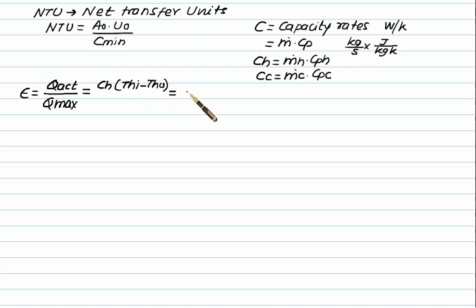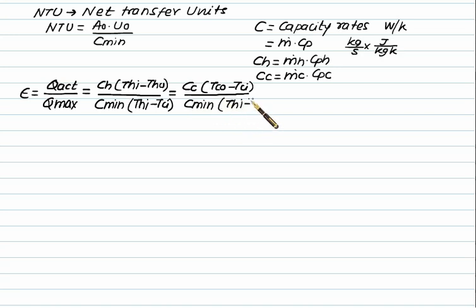The second value of actual heat transfer we can obtain as Cc into Tco minus Tci, divided by the maximum temperature drop, which is Thi minus Tci, with the minimum value out of Ch and Cc taken in the denominator. Same is the denominator in the second case also. We have C minimum into Thi minus Tci.